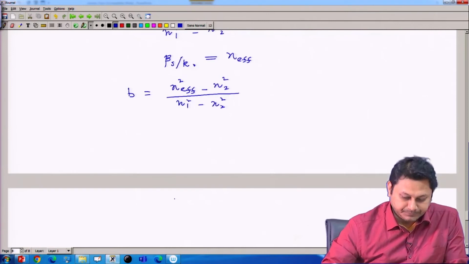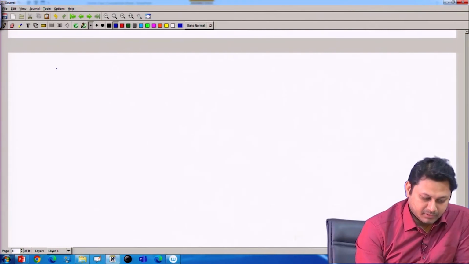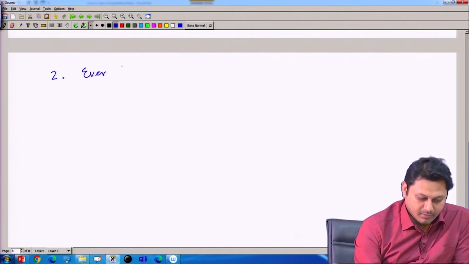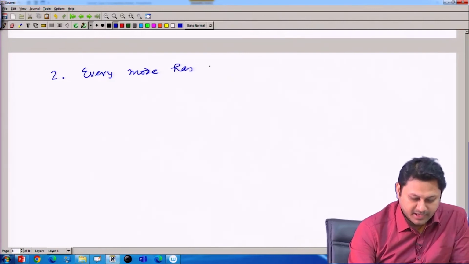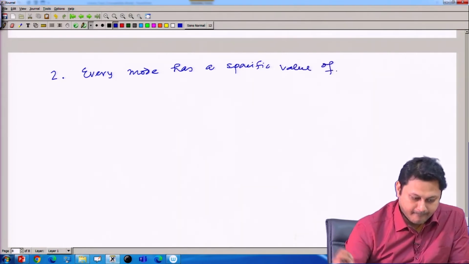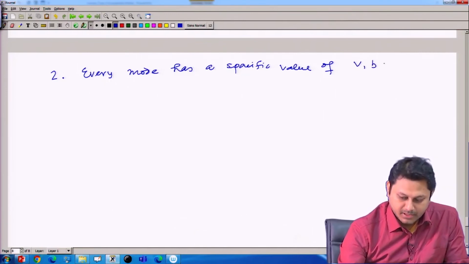After that, second, what I find is that every mode has a specific value of V for B equal to 0.